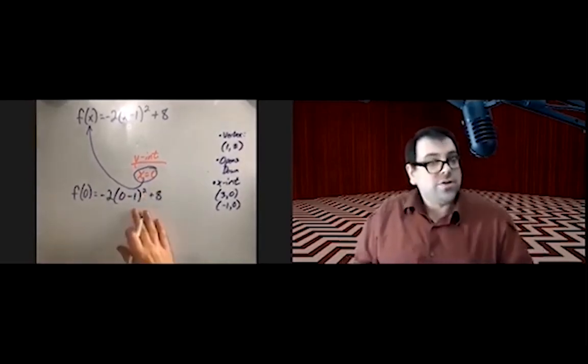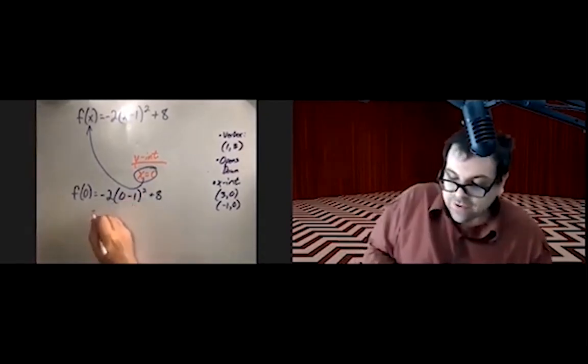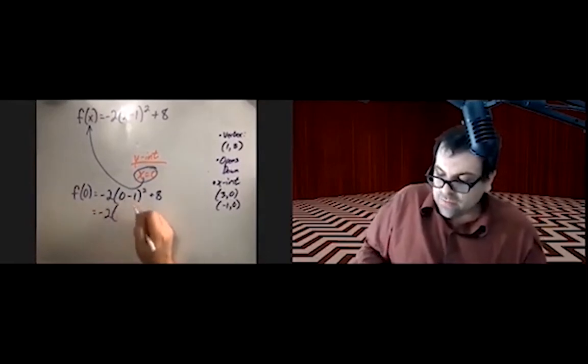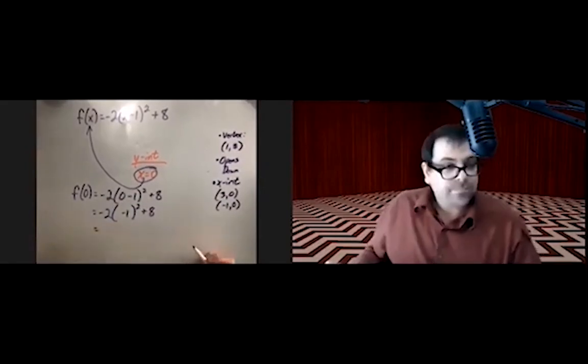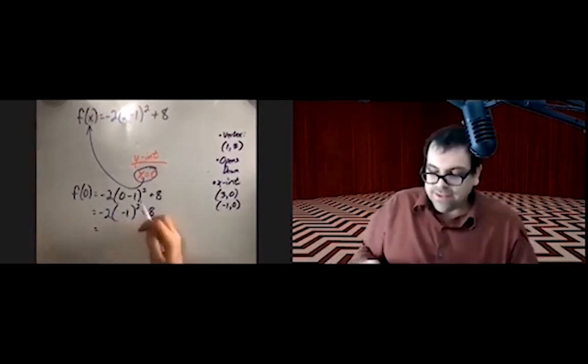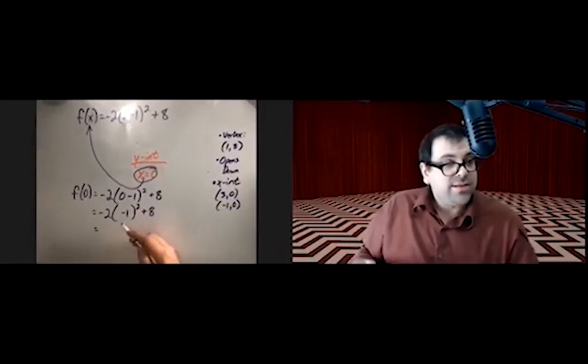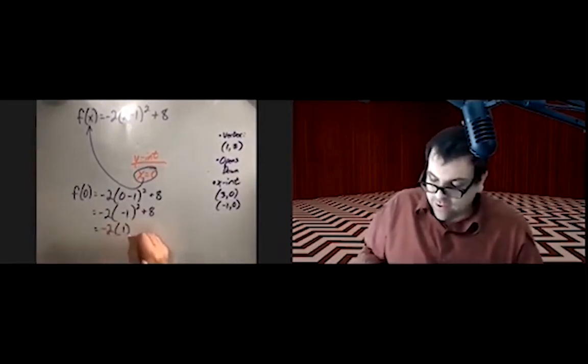Use order of operations to simplify. Working inside the parentheses first, 0 minus 1 is -1. Exponents next, -1 all inside the parentheses squared means -1 times -1. That's +1.